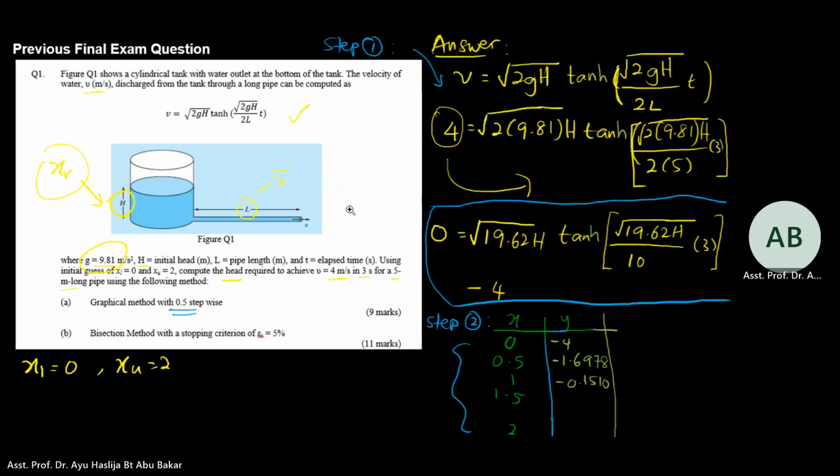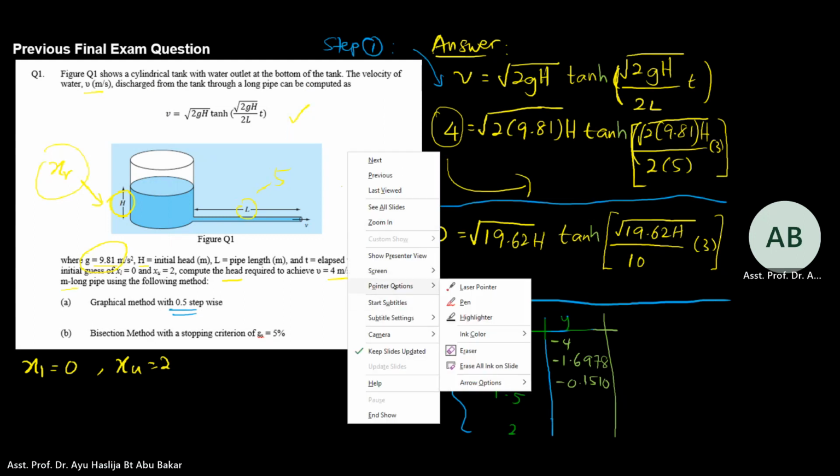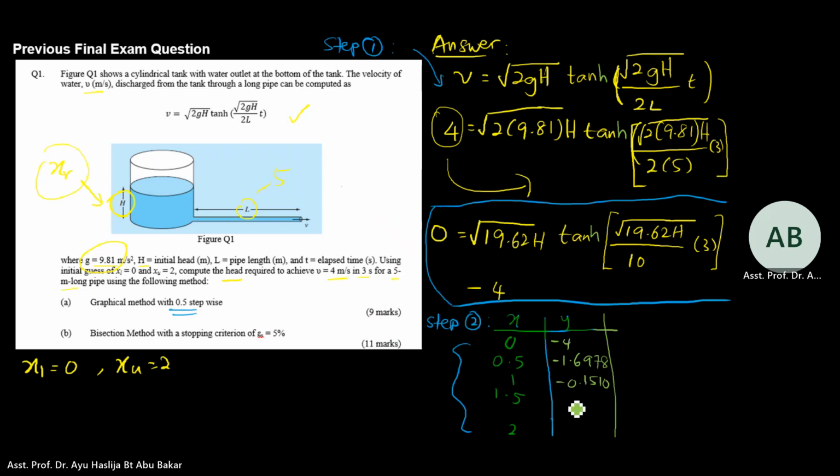Okay, for 1.5 again. Negative 1.0 and 1.019.